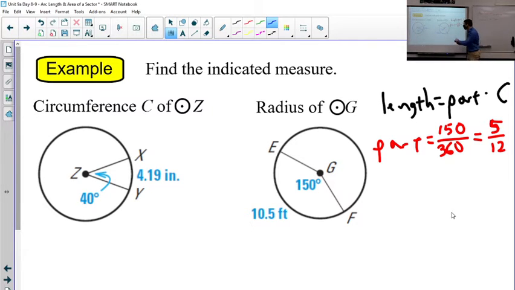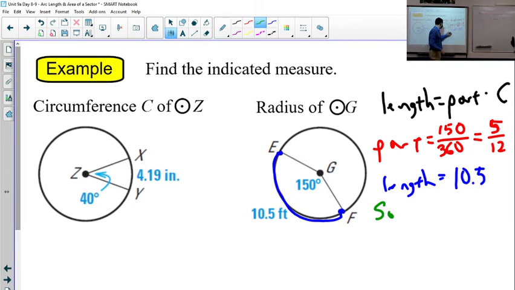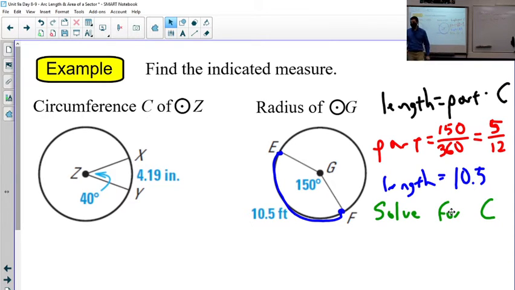And this 10.5 is actually an arc length. It is an arc length that we know. So we are given the length to be 10.5, and we are asked to solve for circumference.